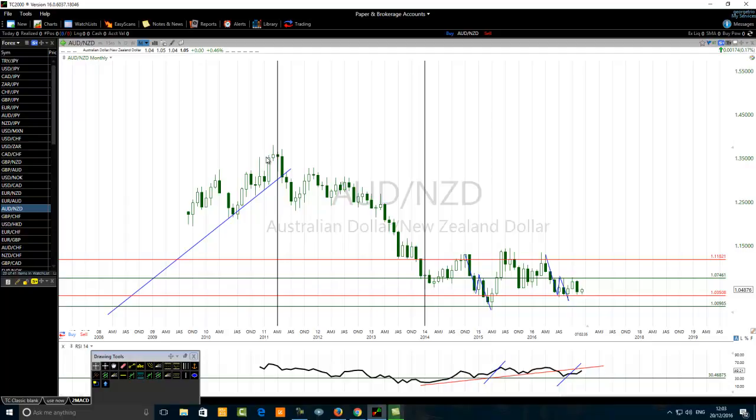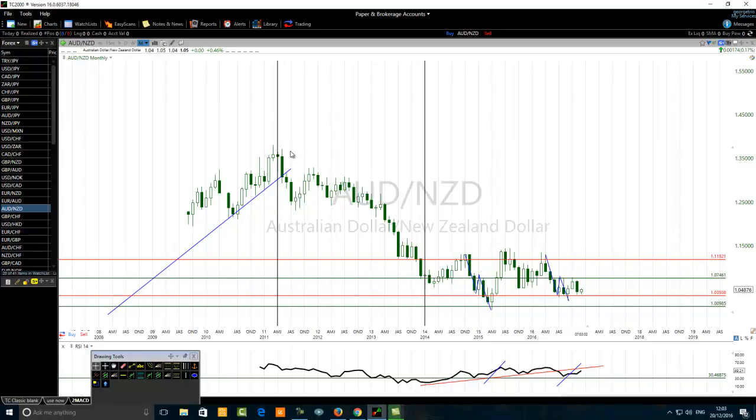As a smart investor, at that point in time, people were buying the Australian dollar.